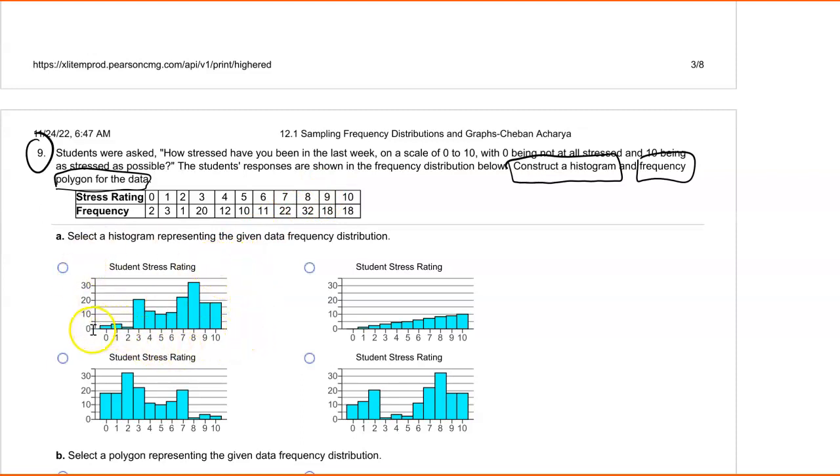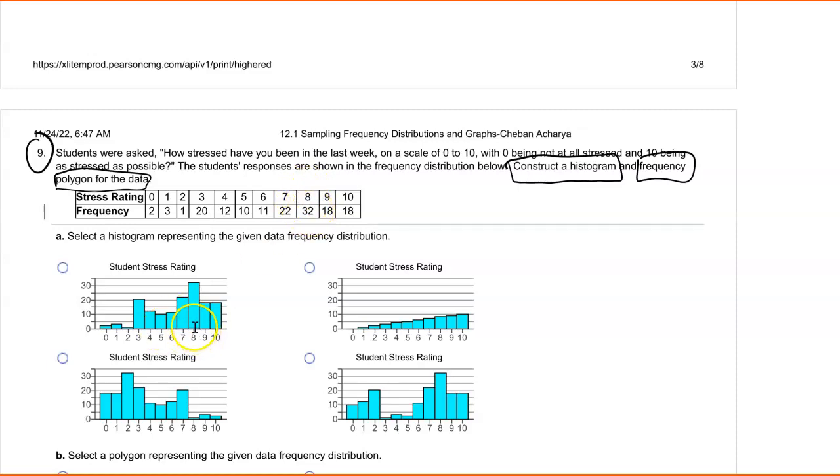Along this horizontal line, you have the data values 0, 1, 2, 3 up to 10, and this way goes the frequency. If you read the graph carefully, for example, most of the people have stress rating 8, 32 people.